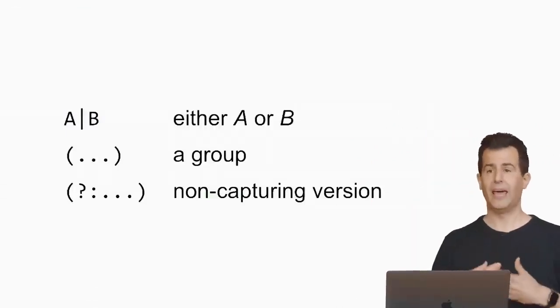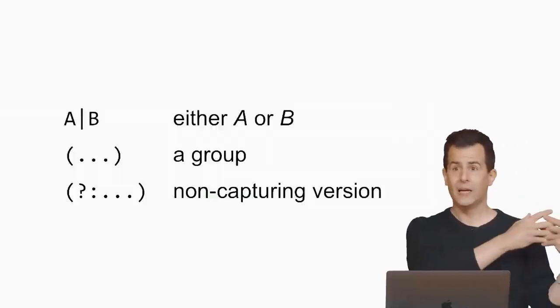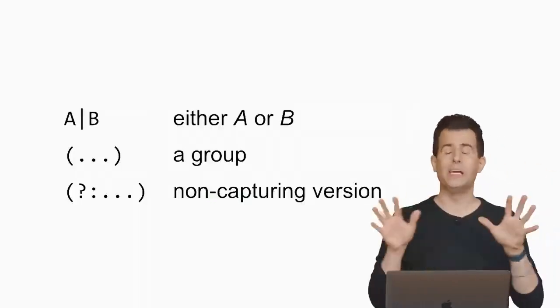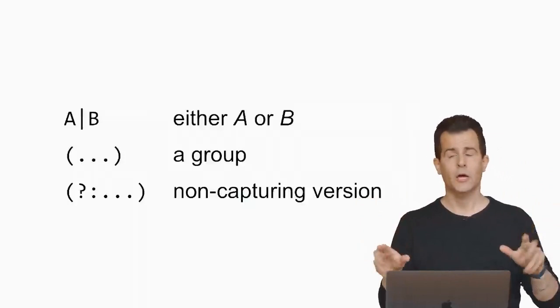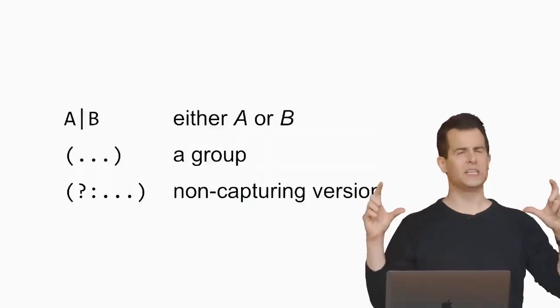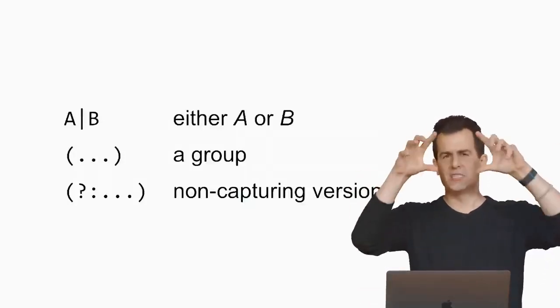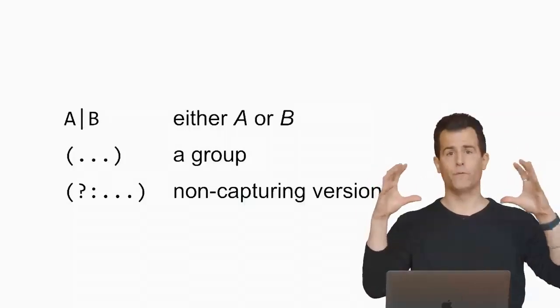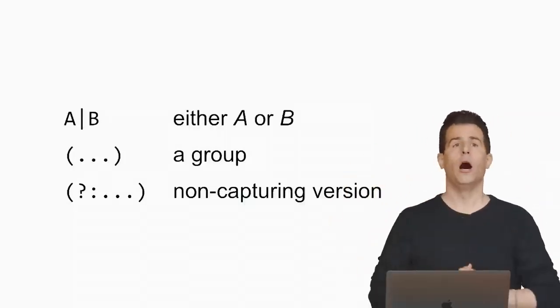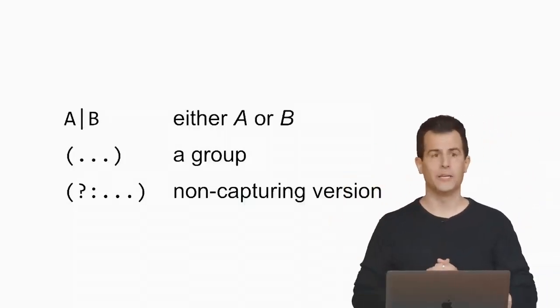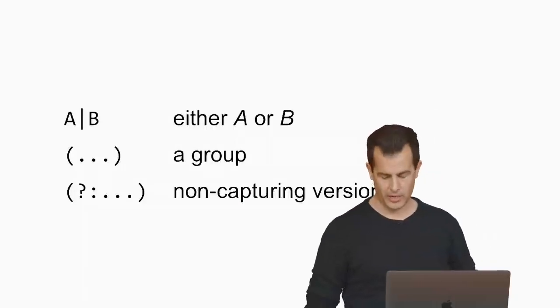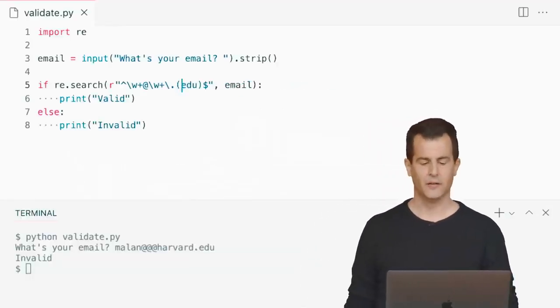A or vertical bar B means A has to match or B has to match, where A and B can be any other patterns you want. In parentheses, you can group those things together. So just like math, you can combine ideas into one phrase and do this thing or the other. And there's other syntax as well that we'll soon see. Other questions on these regular expressions and this syntax here?